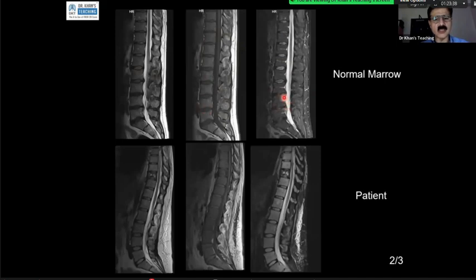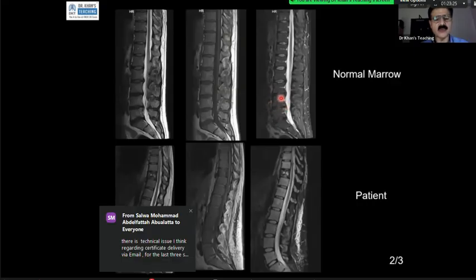And on the STIR sequence, the word STIR is short tau inversion recovery. It's a fat saturated sequence. So the fatty marrow is saturated and the vertebra is dark, you know, and look at our abnormal vertebra.